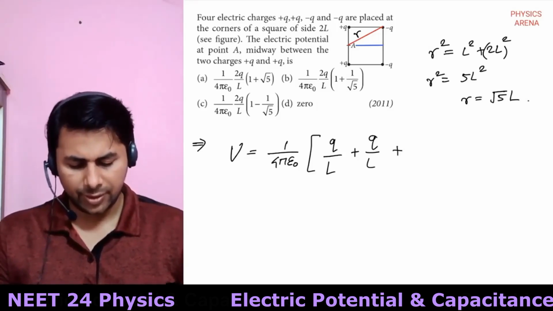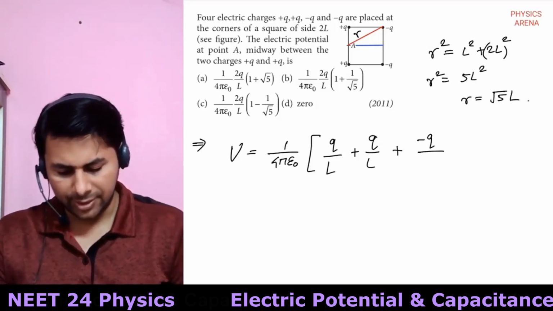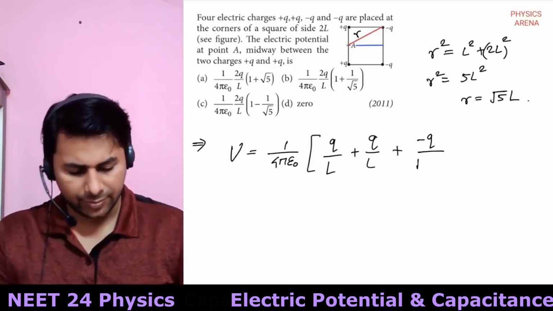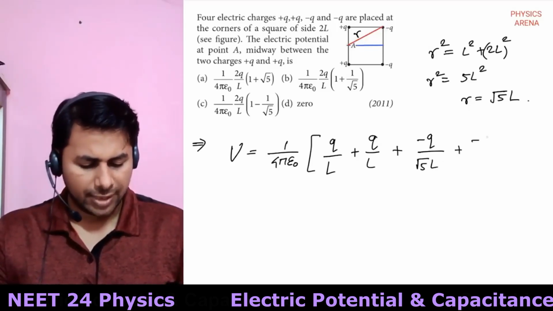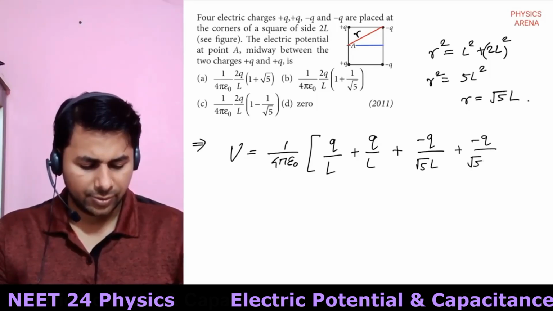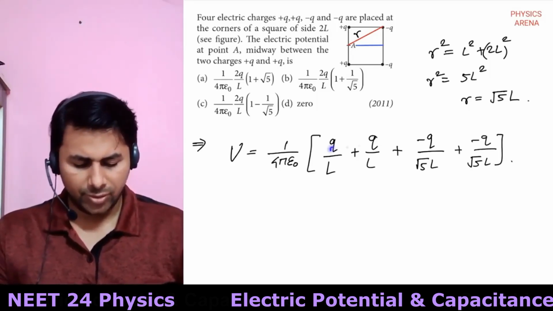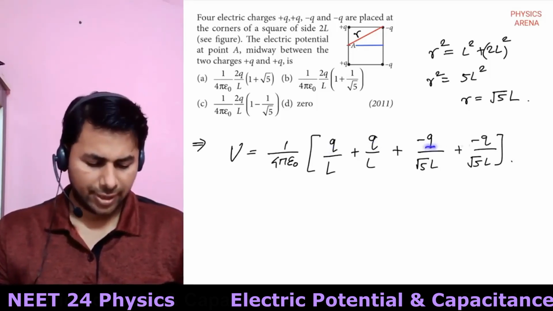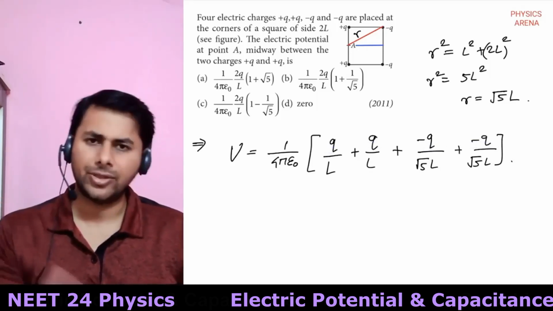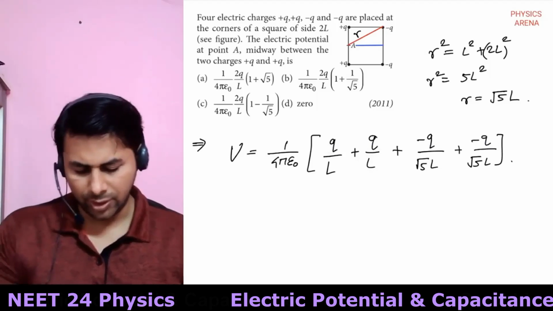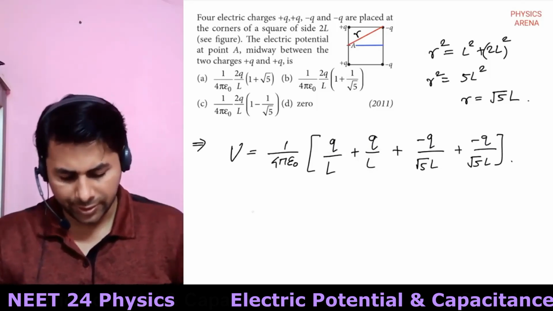So you have plus Q divided by this distance, which is root 5 L, plus minus Q upon root 5 L. Again, this is Q plus Q, 2Q. This is minus Q plus minus Q, minus 2Q. So you can move that 2Q outside.